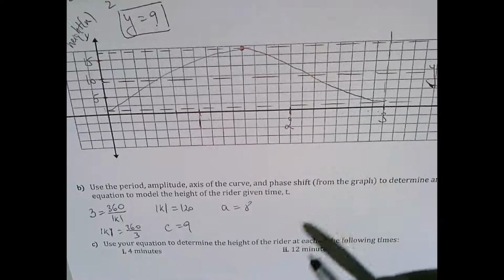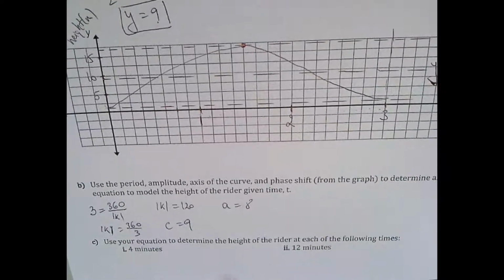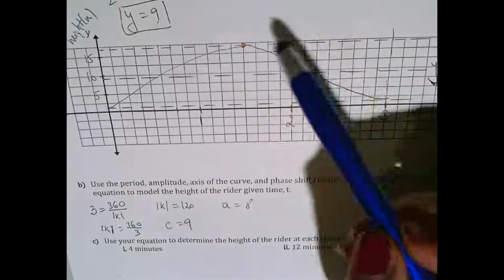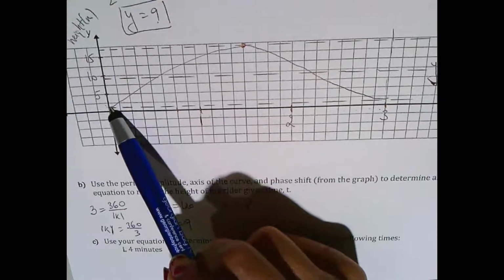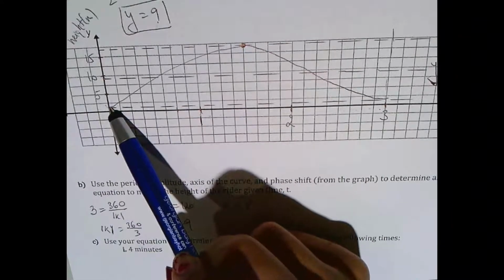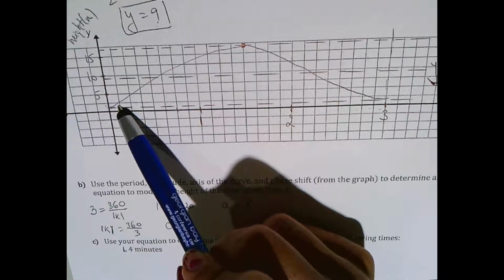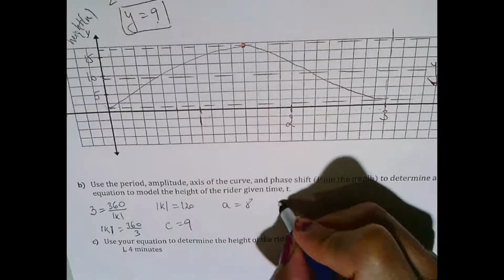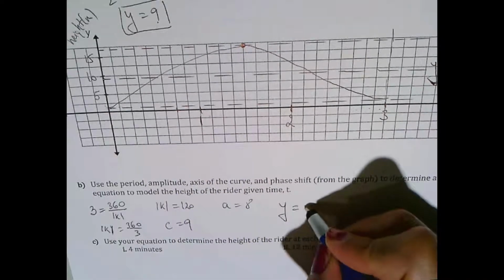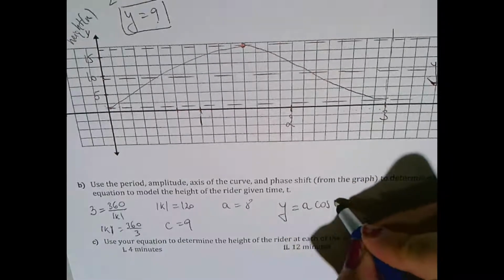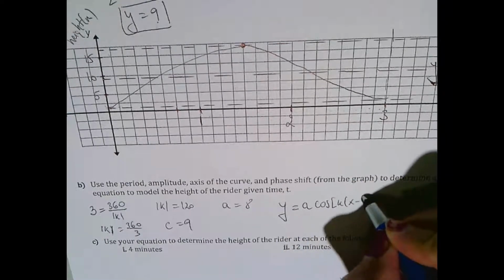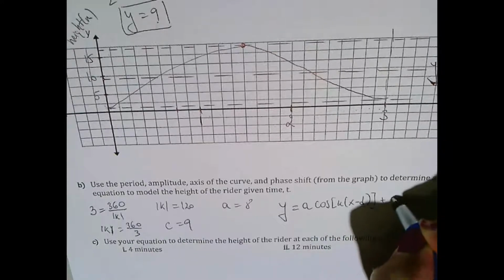And now I have to decide whether I'm going to use sine or cosine. So if I look at the graph, it starts at the trough. So probably the easiest way would be to do a cosine with a reflection in the x-axis. So y equals a cosine of k times (x minus d) plus c.